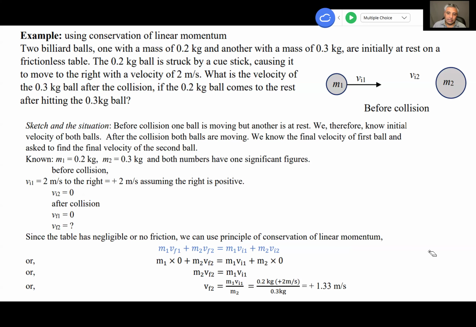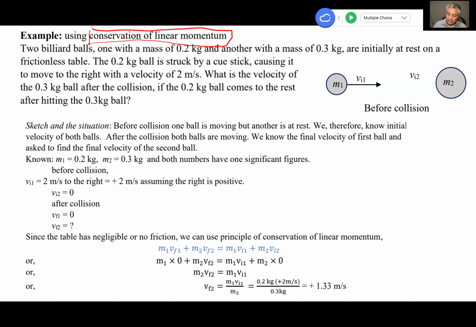After momentum and impulse, we learn about conservation of momentum, also called linear momentum, because now we know about rotational momentum or angular momentum, right? So this is about linear momentum and its conservation.